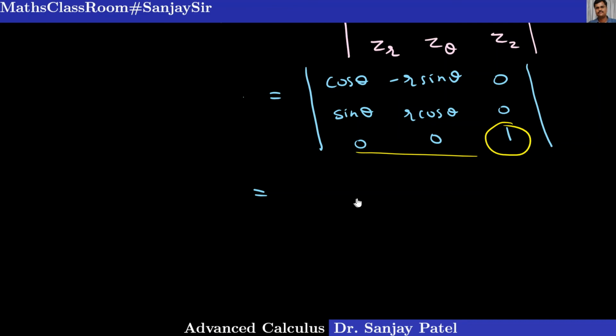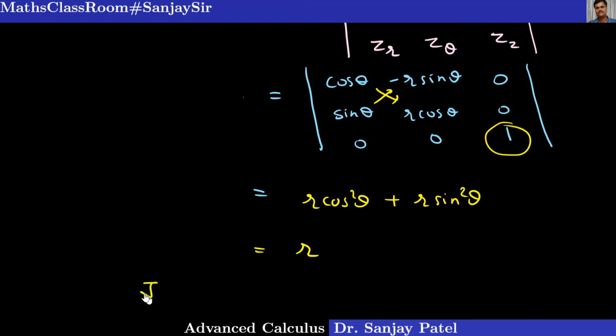What I will get is 1 into cos theta into r cos theta, so r into cos square theta, plus r into sine square theta: this into this minus this into this. So this is equal to r. So the Jacobian J here is also r.